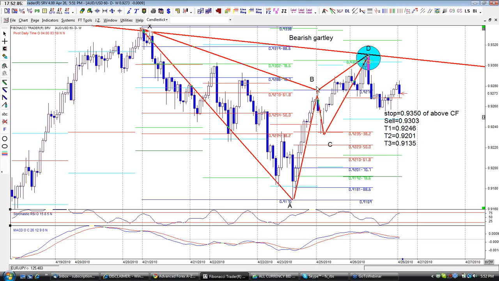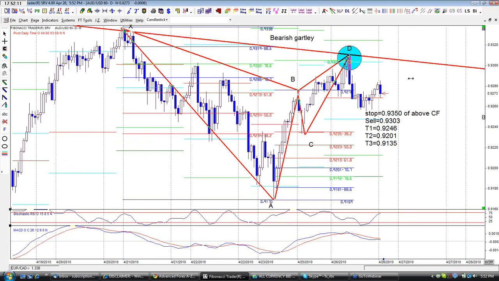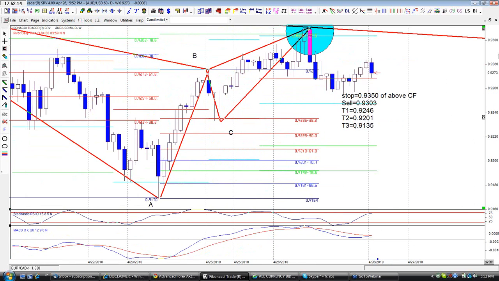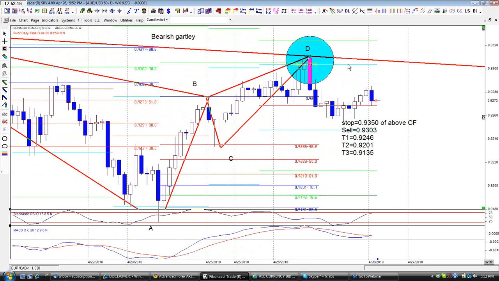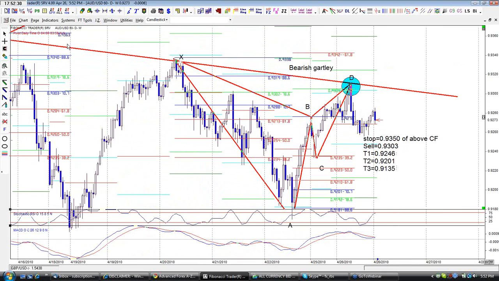Then once we form a B, we'll pull our fib from the bottom to the B. We'll look for the convergence. Note that we have a pivot line converging with the 786 and the 127, very close to the D. Also we have the resistance coming from the trend line. This gives us very high probability.